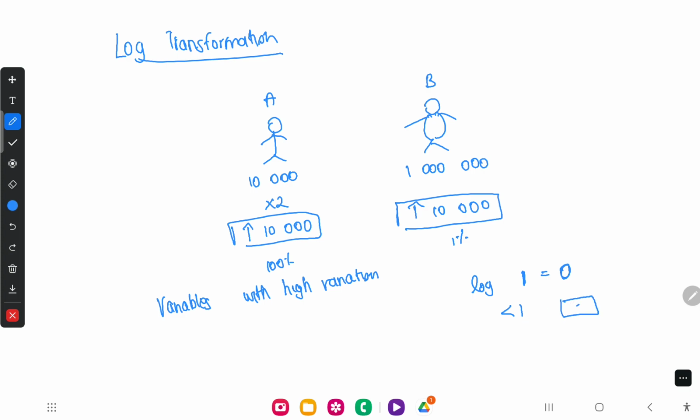The minimum log value is 0 and that's for 1. So we can't apply log for negative values and 0. Log transformation cannot be applied if the data consists of 0 and negative values. Okay, keep this in mind.